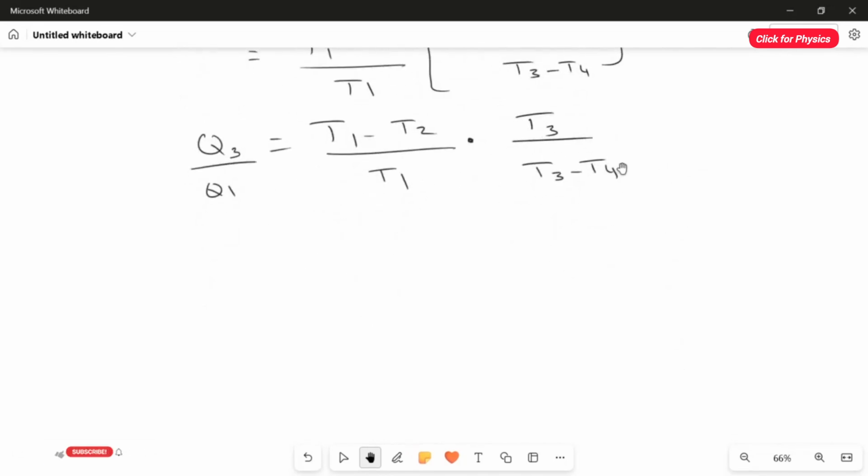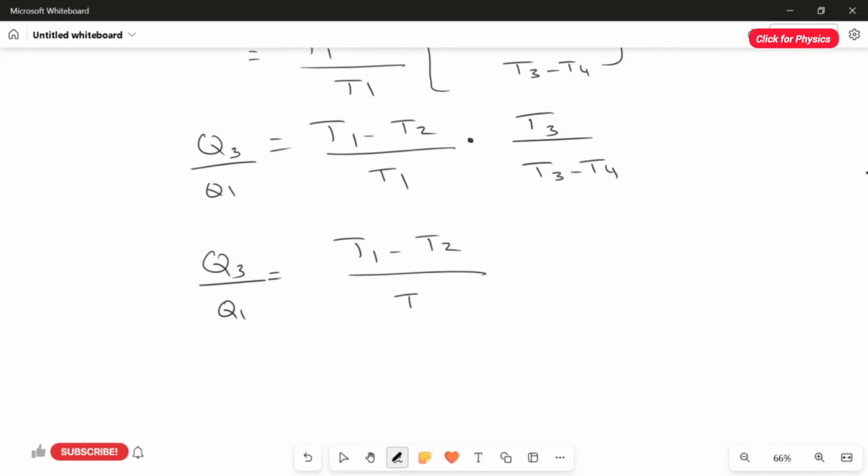So you can see this term. If you want to rewrite this equation in another version, how can we write? We can write this equation as Q3 over Q1, which is equal to T1 minus T2 over T1, over T3 minus T4 over T3.